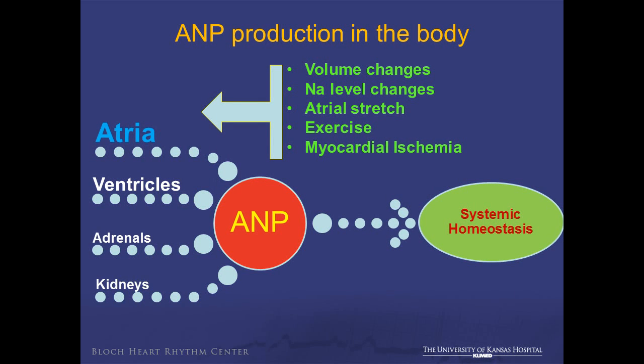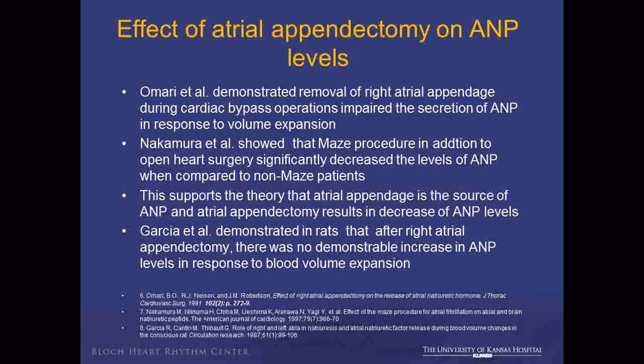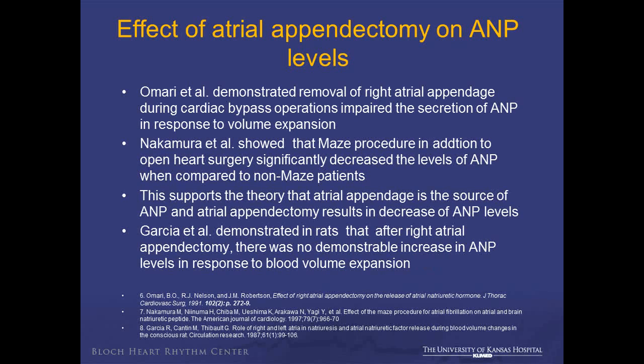And you have all these stressors, which is anytime you have a change in the volume or the systemic sodium levels, and there is an atrial stretch due to exercise, myocardial ischemia, all these things can act as triggers that would neurohormonally modulate the atria, and especially the atrial appendages, to secrete more atrial natriuretic peptide that have a consequential effect on systemic homeostasis. I mean, it's amazing how much this appendage really does without us realizing it.